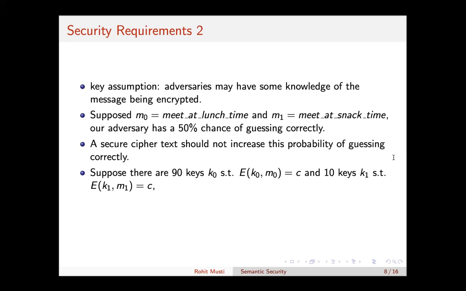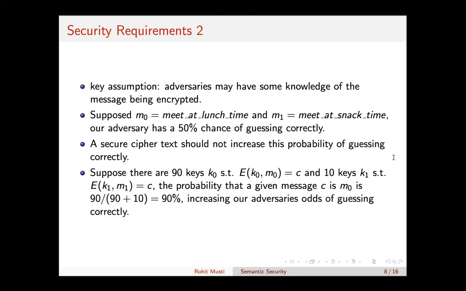Azan, that is absolutely correct. To outline how we arrive at the probability of 90%, it's 90 over 90 plus 10 for whether the given message is M sub 0. Therefore, if you're an adversary, you have a 90% chance of guessing correctly what the message is.